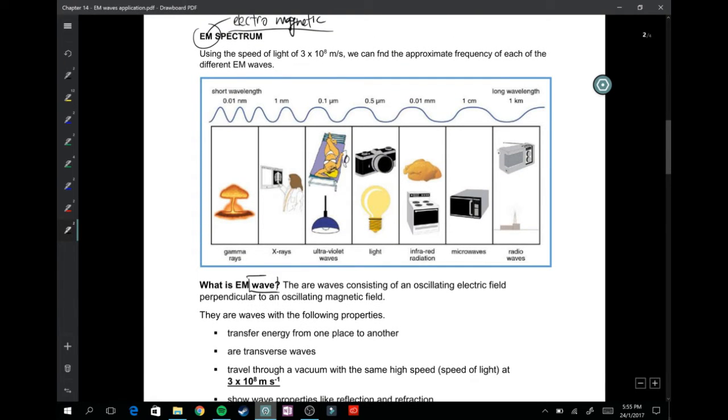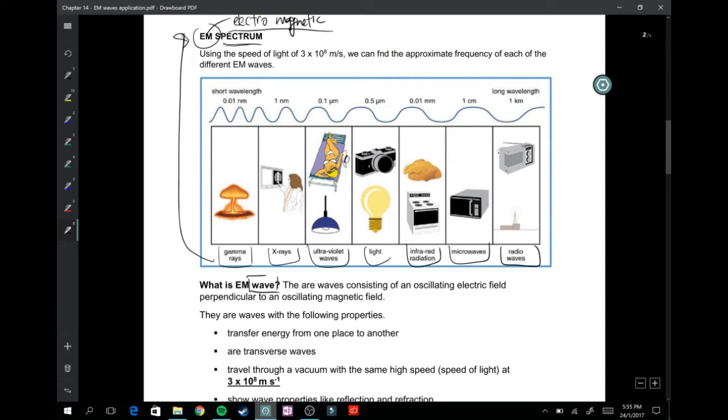Now when we talk about EM waves, 7 main waves come into our mind straight away, and they are listed here: gamma ray, X-ray, ultraviolet ray, light, infrared, microwave, and radio waves. These are the 7 main waves that we are talking about when we say EM waves. Hence, we always link EM waves with the idea of a spectrum.